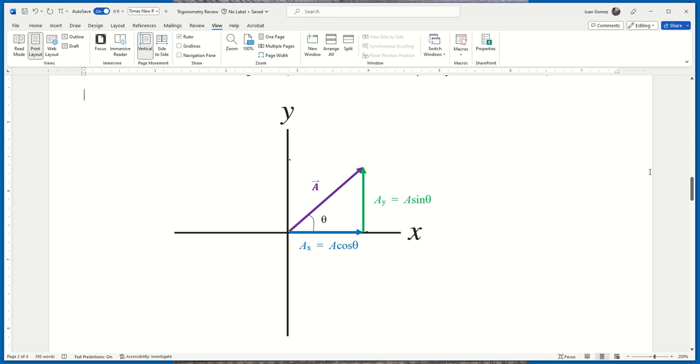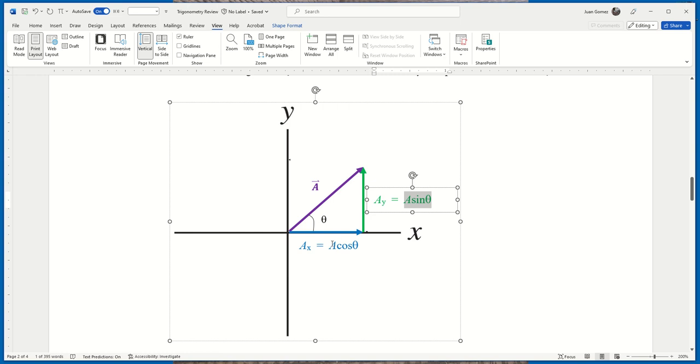And likewise, the x component AX is A cosine theta. Remember, cosine theta is adjacent over hypotenuse, so cosine theta is AX over A, or AX is A cosine theta. So basically, with the reference angle, the y component is always going to be A sine theta. Using the reference angle, the x component will always be A cosine theta.